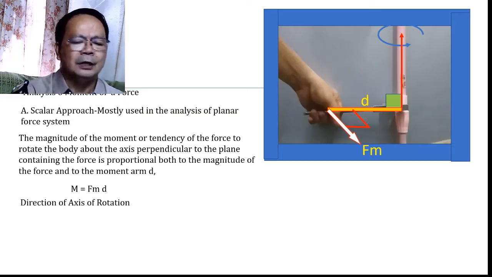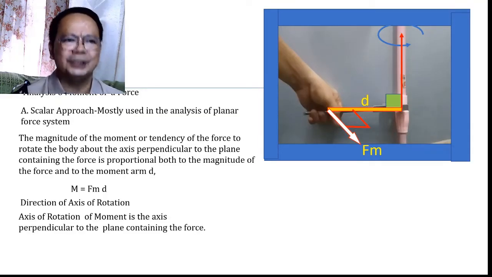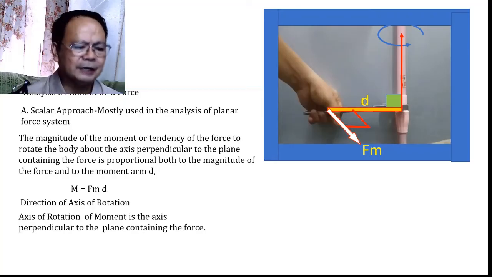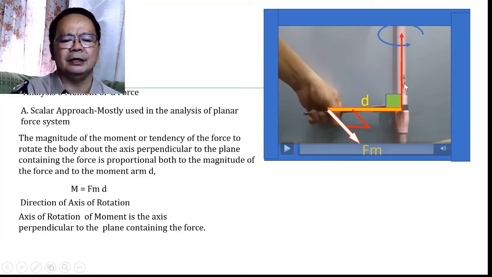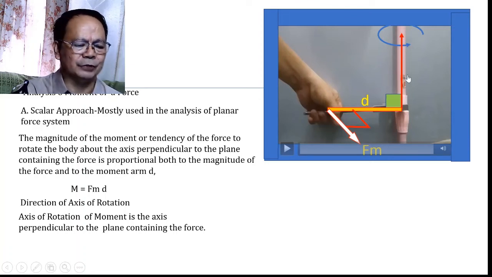Now, how do we determine the axis of rotation? According to the discussion, the axis of rotation of moment is the axis that is perpendicular to the plane containing the force. And so you are seeing here, this axis being perpendicular to the plane containing the force, this will be our axis of rotation.